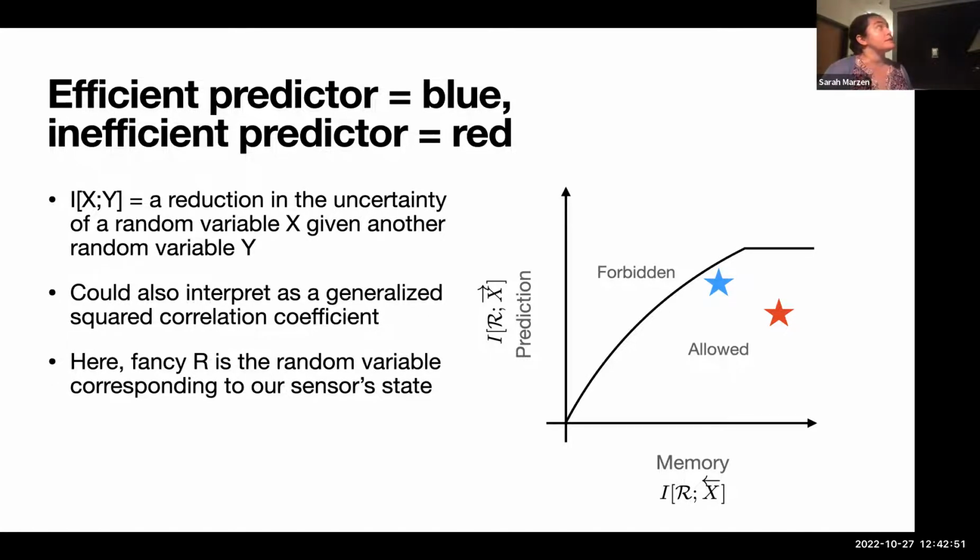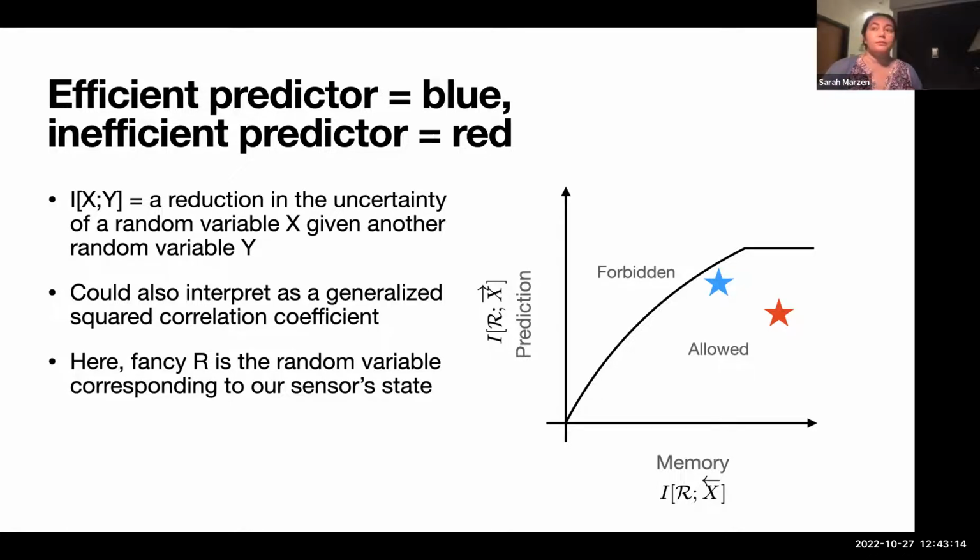This R is the state of the sensor in the present. And so the mutual information between the two is going to be the memory. This is how much the present sensor state remembers about the past of what the input has shown it. And then prediction power over here is going to be that correlation between the present sensor state and what's going to happen in the future to the input. And we're dealing with a case of no feedback for the entirety of the talk.